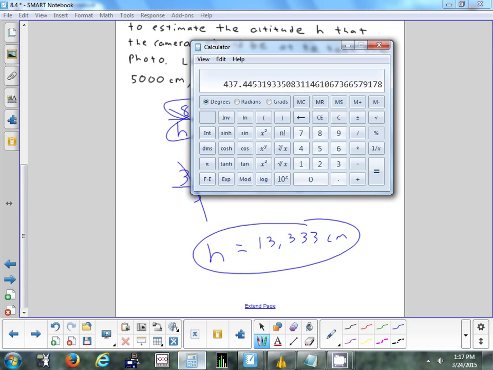How would you change 13,333 centimeters to meters? You should know how to change centimeters to meters because the conversions are very easy. It's all powers of 10. Yeah, you divide it by 100. So if you divide it by 100, you get 133 meters. If you want to convert to kilometers, that's a factor of 1,000. You know all the metric prefixes? Yeah.